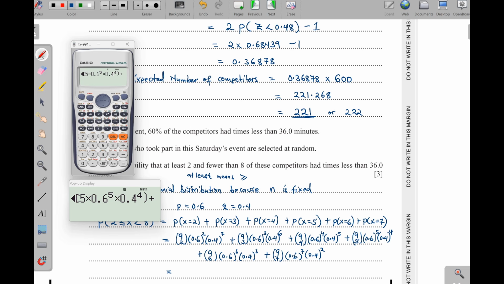Then we go to 9 combination 6. Okay, let me first remove this.